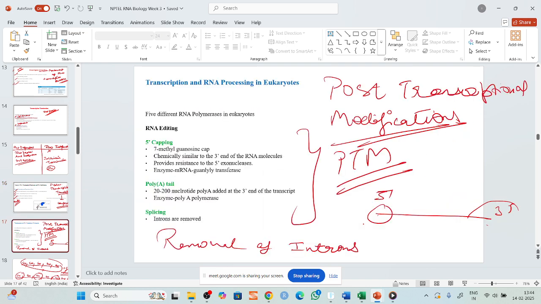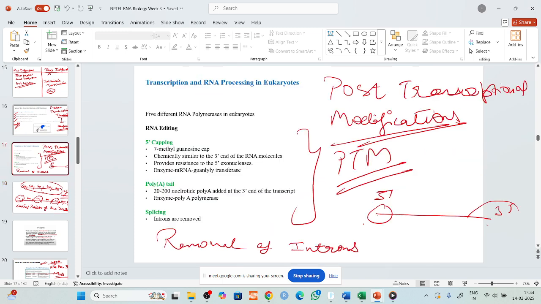And then the three different kinds of post-transcriptional modifications. We have not dealt with them in detail; we will learn about these modifications in detail in the subsequent classes also. These are 5' capping, poly-A tailing, and splicing. In the 5' capping, a 7-methyl guanosine cap is added, which is chemically similar to the 3' end of the RNA molecule.